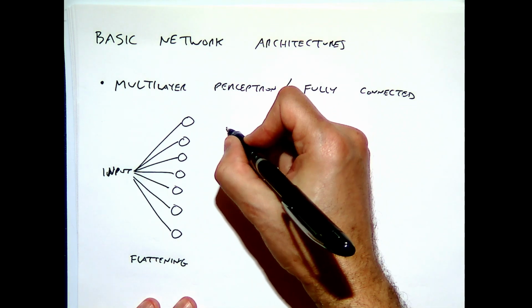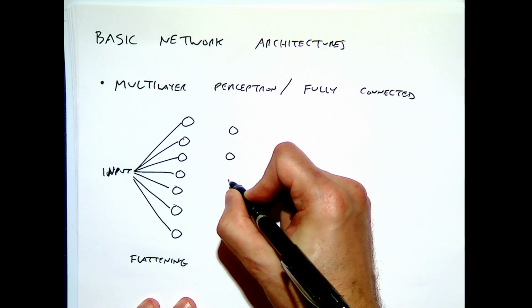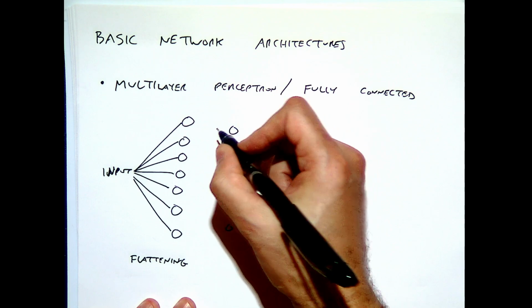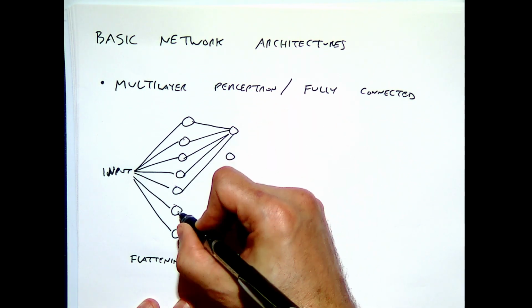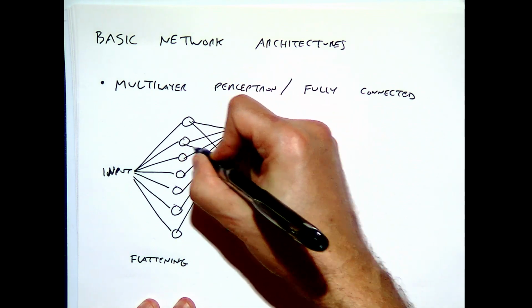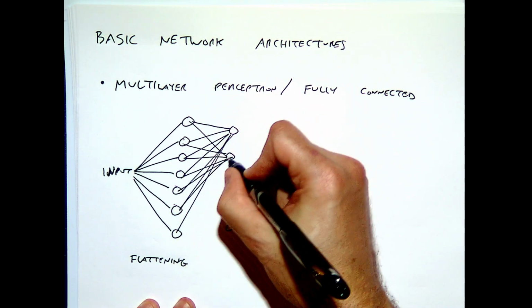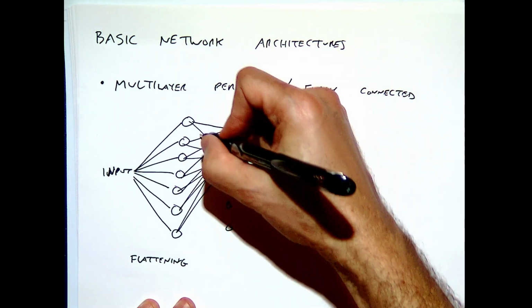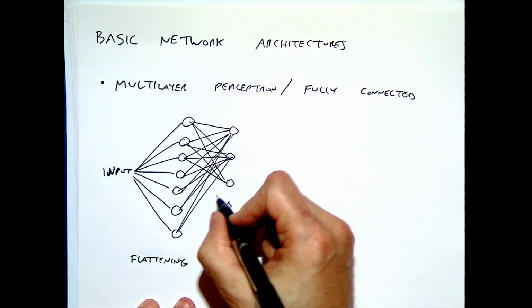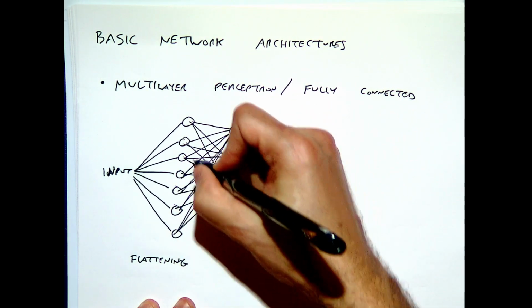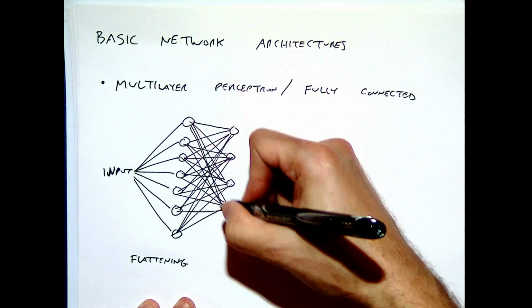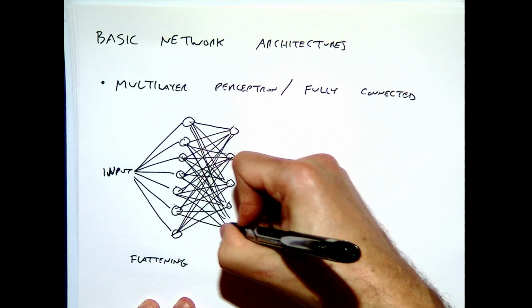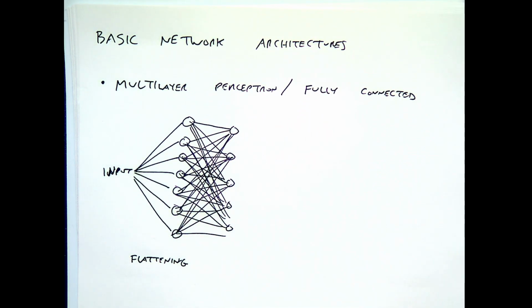And then I start making these intermediate layers. A fully connected network means that every input is connected to each of the outputs, right? So you immediately realize that you probably should have drawn fewer neurons. But you can see how it goes. Now, one thing I'm not even drawing in this picture is the biases.